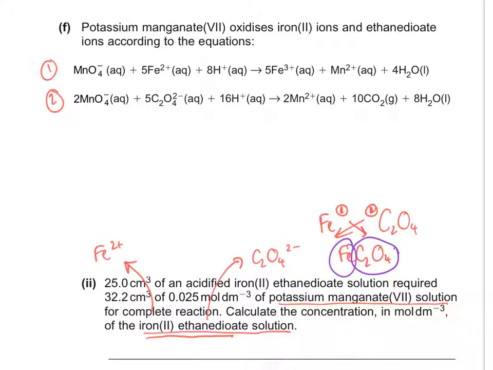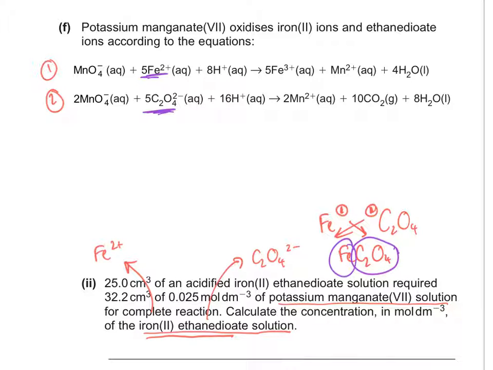The problem with this is that we have 2 equations to work from here. We don't have an equation for the reaction of ethane dioate with potassium permanganate. We have it separated out, the reaction of permanganate with our iron ions and then with our ethane dioate ions.